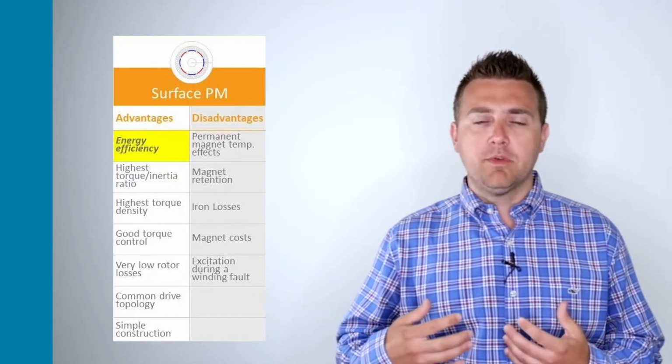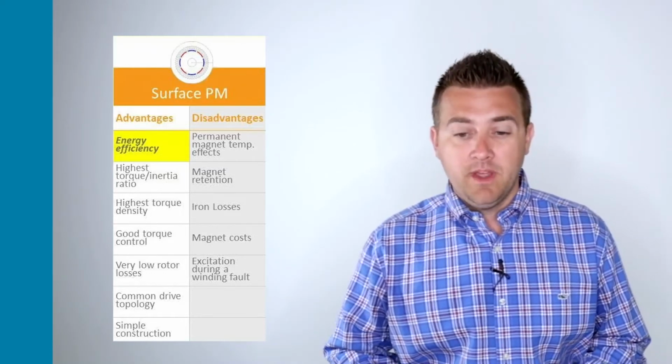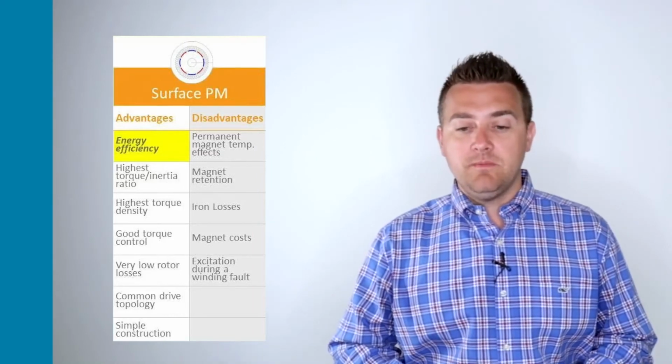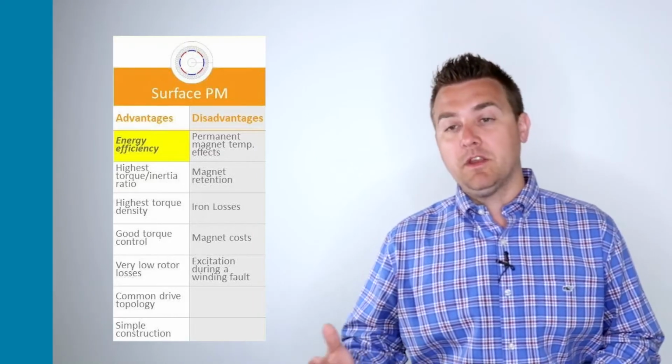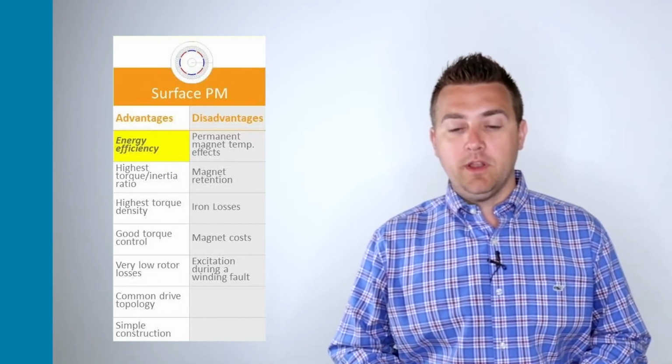Again, we've been producing these for a very long time, so we've got the construction down to a T. Disadvantages are going to be permanent magnet temperature effects, magnet retention, iron losses, magnet costs. Obviously, magnets do have a cost to them, and excitation during a winding fault.